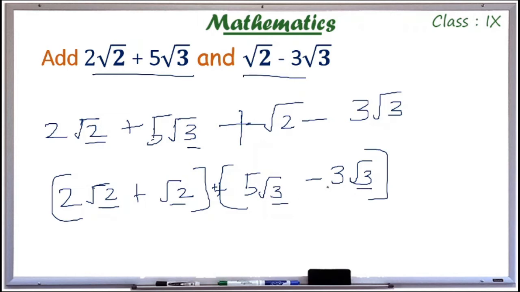So we can add between them. So 2 root 2 plus root 2. Simply root 2 means it is 1 root 2. So 2 plus 1, 3 root 2 plus 5 root 3 minus 3 root 3, which is equal to 2 root 3. So the answer is 3 root 2 plus 2 root 3.